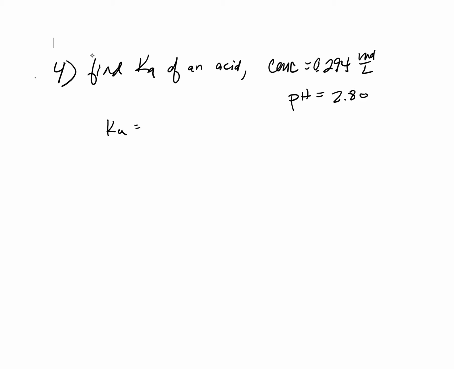And your products in this case is going to be the concentration of hydronium times the concentration of your conjugate base over the concentration of your undissociated acid. And we can get to one of these directly and two of these indirectly because we have pH.